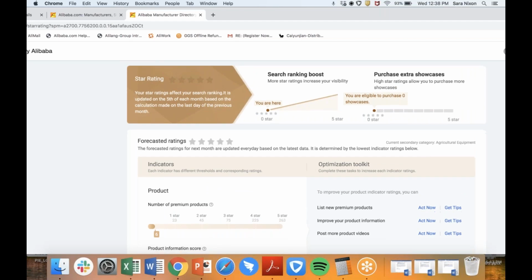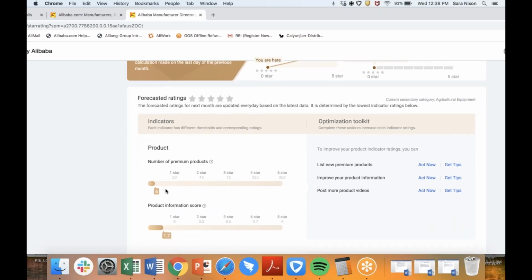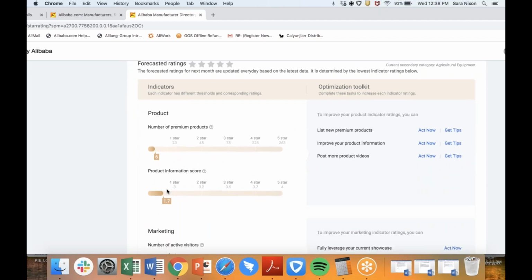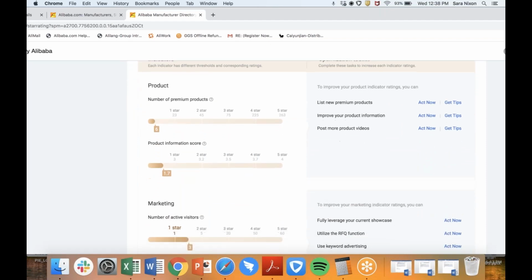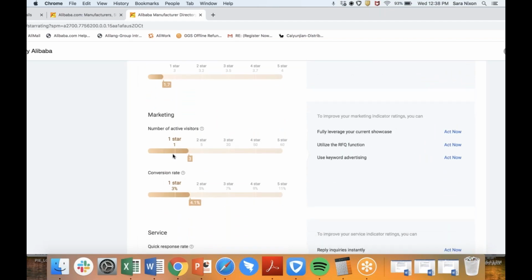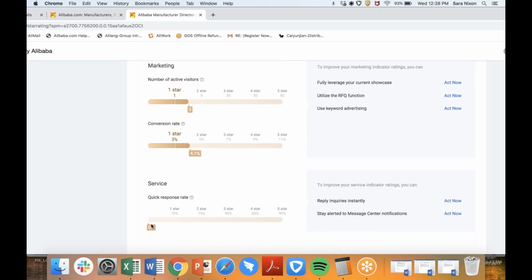The reason that I'm at a 0 star is because I'm below in the number of premium products and I'm below in my product information score. I'm a 1 star in both my active visitors and my conversion rate, but I'm also a 0 at my response rate. So if I wanted to bring that up, I would need to start actively working on those 3 things.